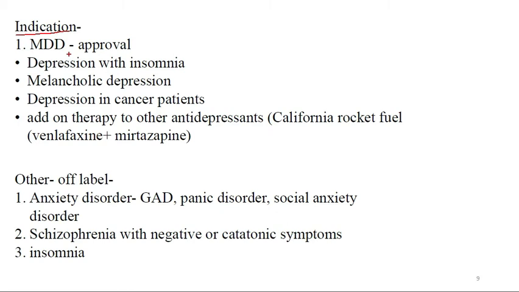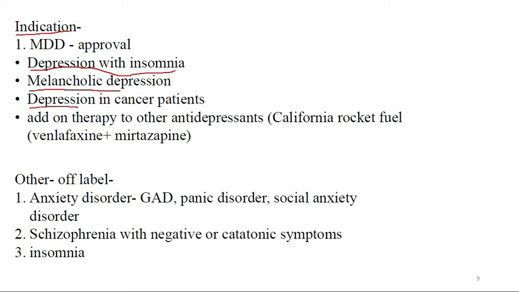So in depression with insomnia, decreased appetite or weight, or psychomotor abnormalities, mirtazapine is used as a treatment. If a patient has depression with insomnia, mirtazapine can be used. In melancholic depression, the patient has psychomotor abnormalities as well as reduced diet and appetite. So in this case mirtazapine may be very useful.